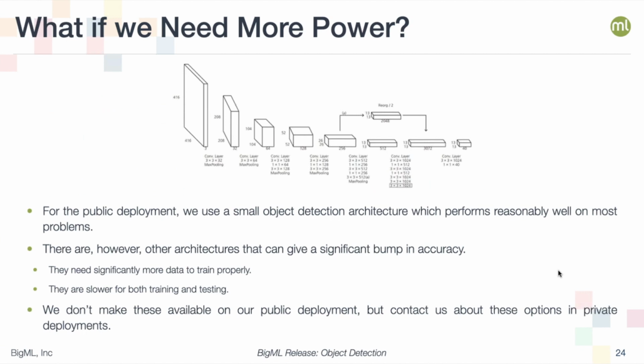So that's nice for the public deployment, but there are cases where you're an individual who has access to thousands of labeled images, or maybe tens of thousands or more of labeled images, and you've got a particularly difficult problem. A good example of this is the license plate reading problem that we have deployed for a beta customer in BigML, where you have many classes: all possible digits and a few other markings on the license plate are separate objects to detect.